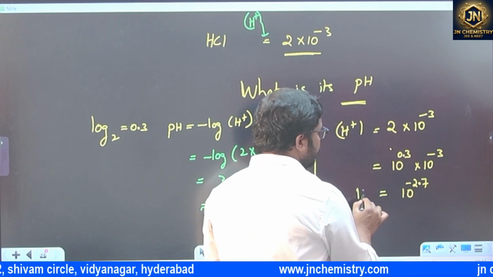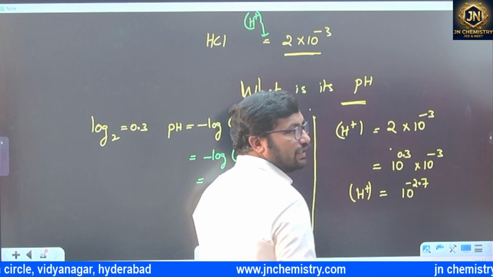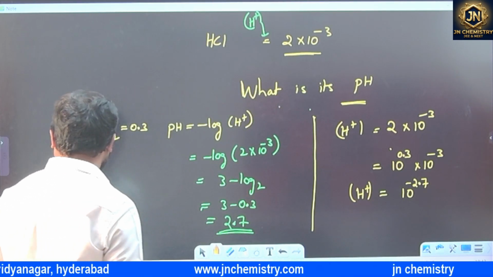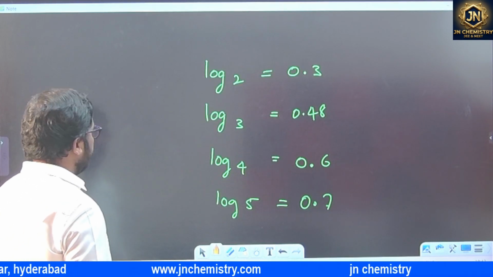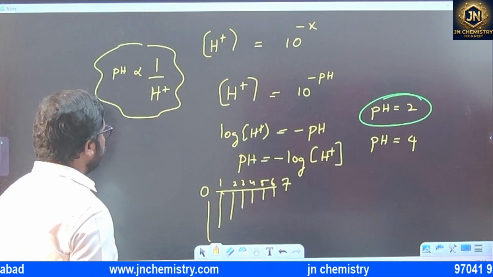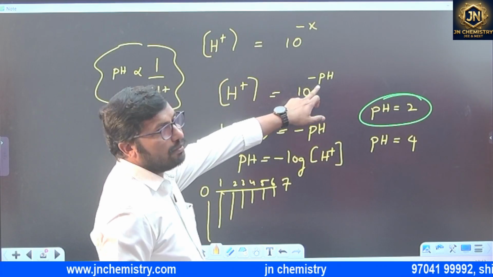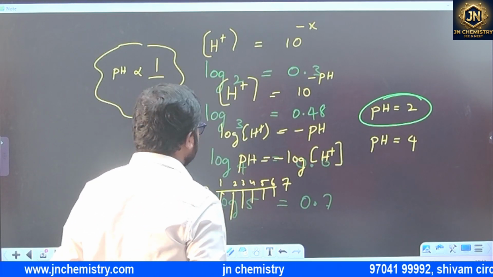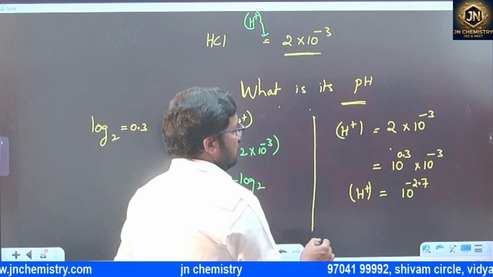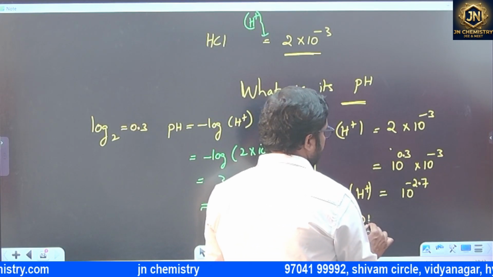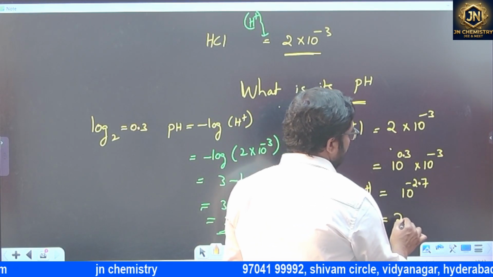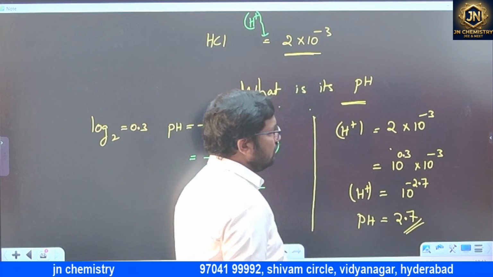I told you H plus ion concentration is equal to 10 to the power of minus pH. So directly we can say pH is equal to 2.7. Got it?